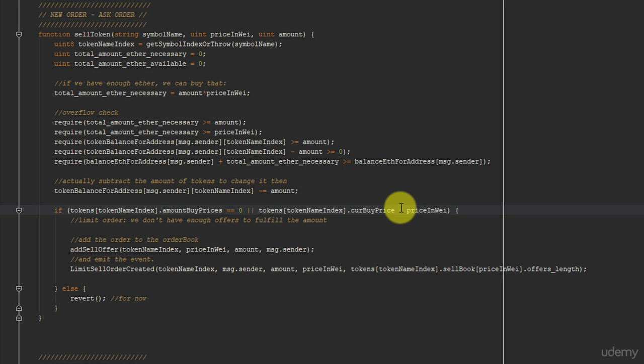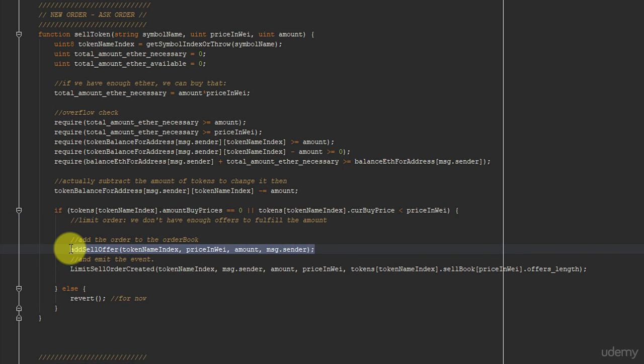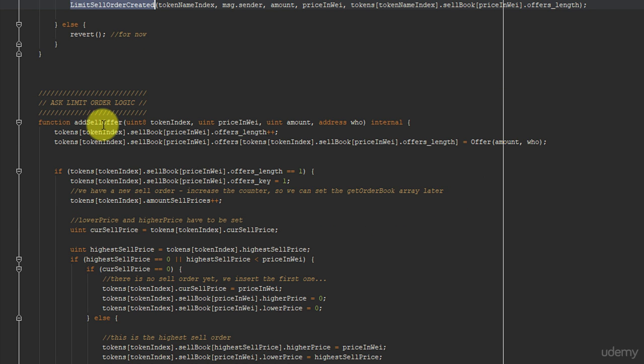Because if the current buy price is larger than or equal to the price we want for our tokens, we can actually execute the order immediately, but we don't do that here because we are writing this in another lecture in this course. But for a limit order, I have put the logic in another function, which is here. And when this function is finished executing, I'm going to emit the event limit sell order created. Let's have a look at this function now.